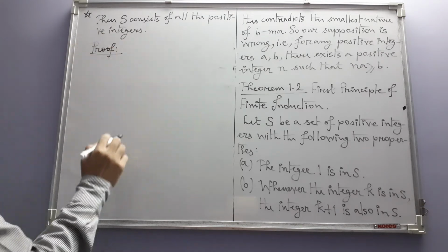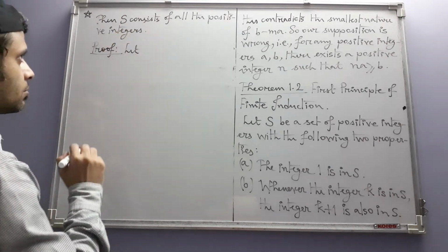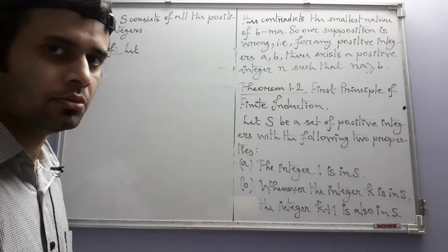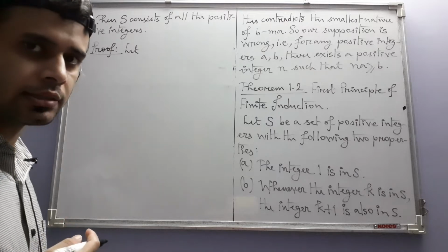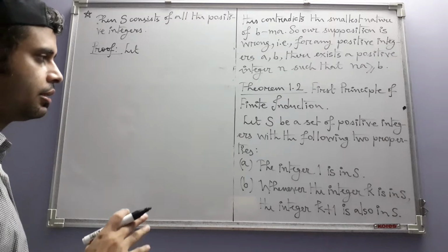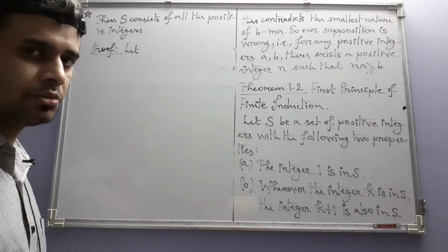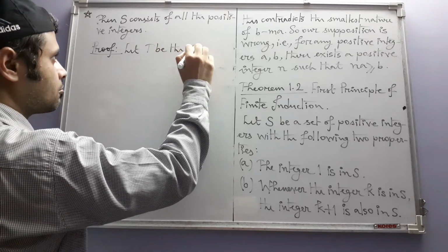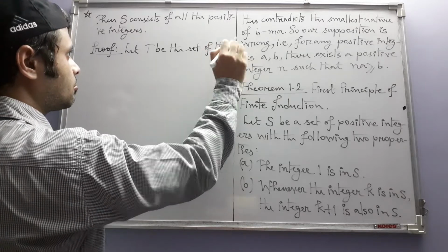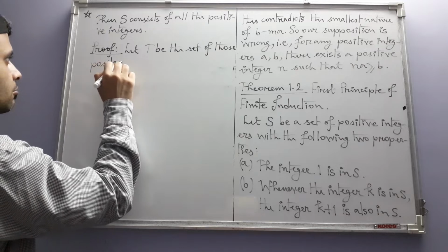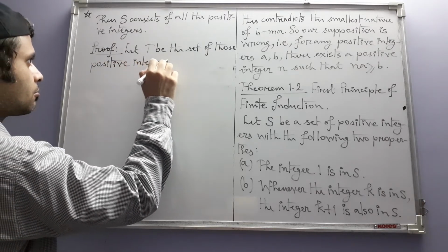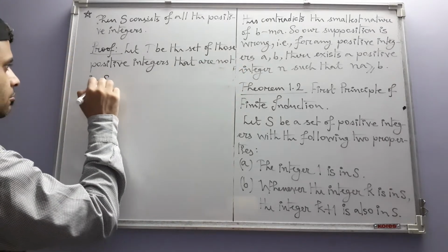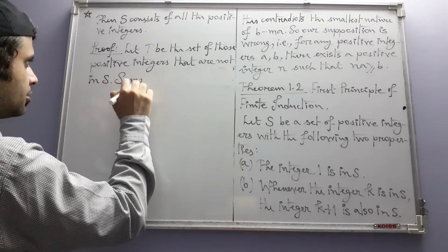Proof. So we want to show that S is equal to the set of all positive integers. Suppose that is not true, then there will be positive integers not in S, and we are considering the set of such positive integers T. Okay, let T be the set of those positive integers that are not in S. Our supposition is this.